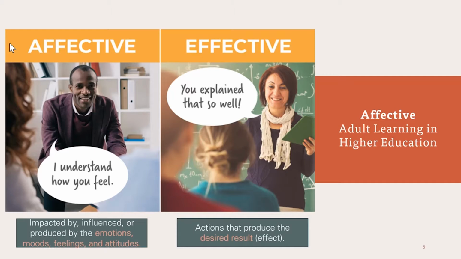We talked in our class about philosophical orientations, what people use to determine their worldview and to interpret and negotiate the world as it relates to truth and reality. Now, when you think about effective, essentially these are actions that produce desired results or effects. So when we talk about affective adult learning and higher education, we're talking about involving us in more holistic ways in our learning and experiences.